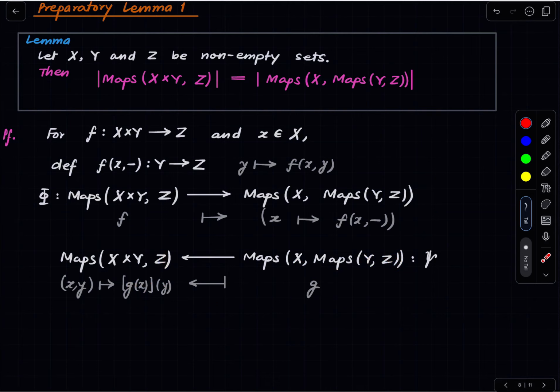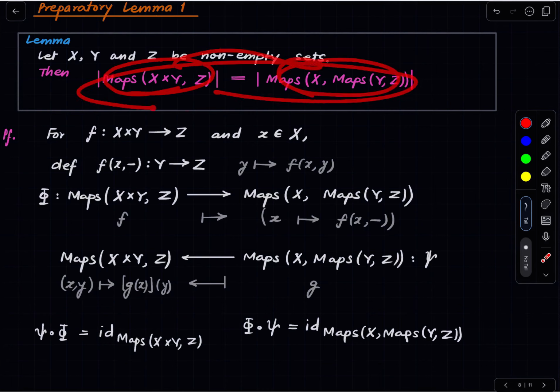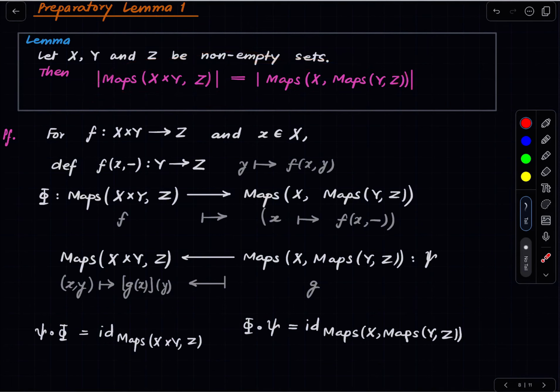So this is a well-defined map, and I leave you to check that psi composed phi is the identity map on this thing, and phi composed psi is the identity map on the other thing. And that establishes a bijection between this set and that set, and hence these two have the same cardinality. Okay.